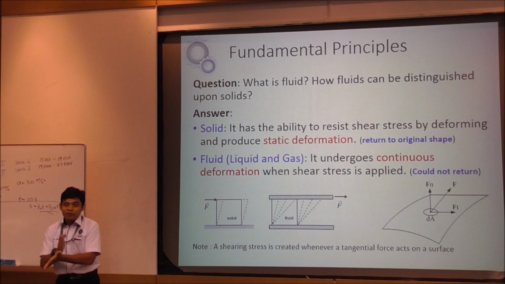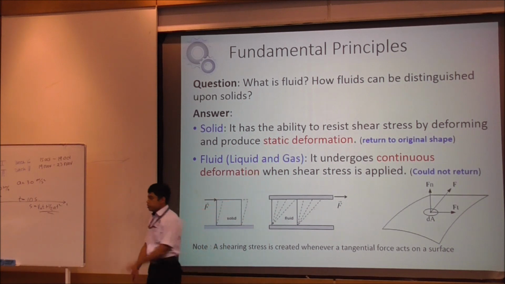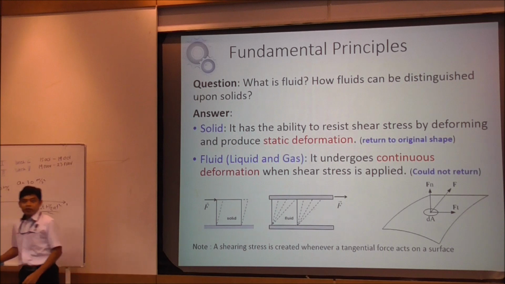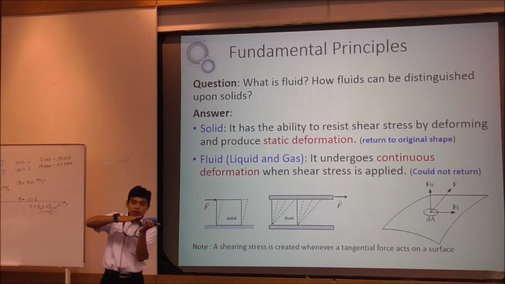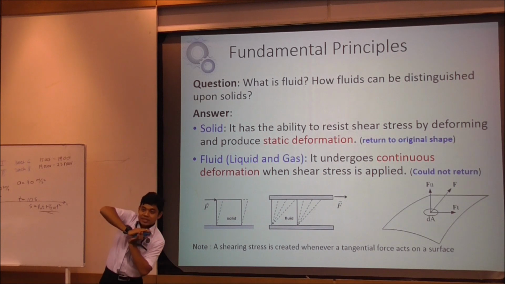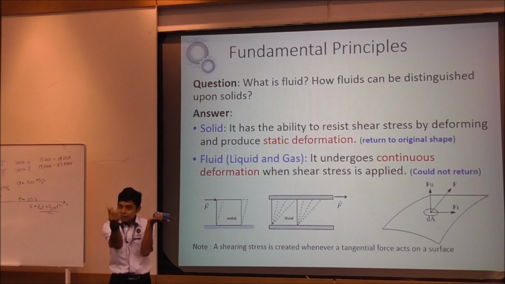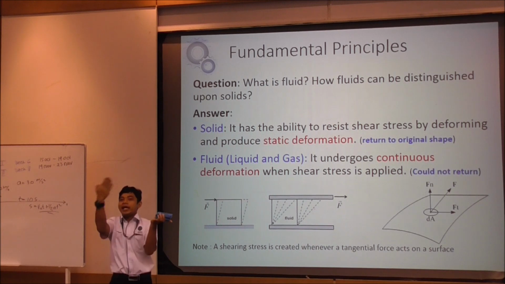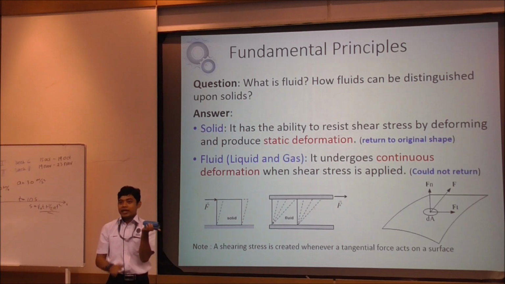So how do you differentiate it? It's basically based on the deformation. If you are dealing with solid, when you apply the shear force, it will deform a little bit. Then when you release this, it will return back. It has a finite deformation.